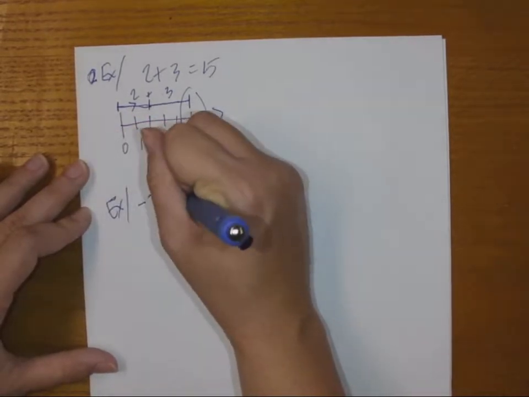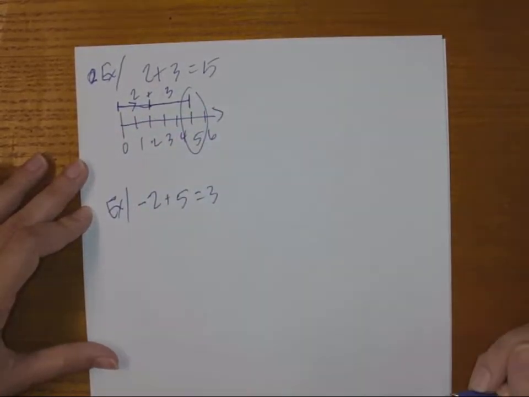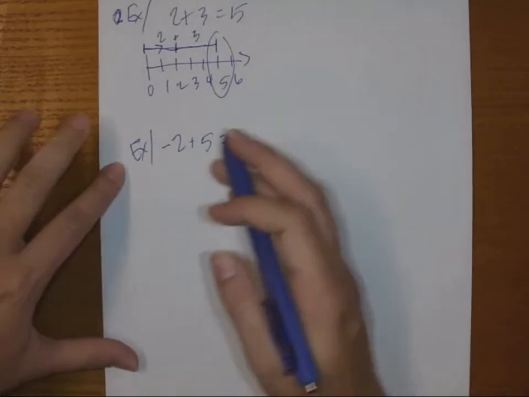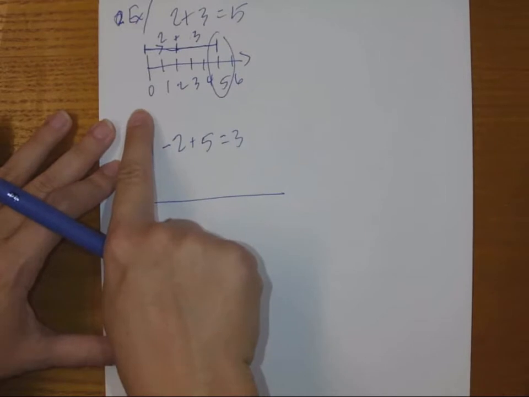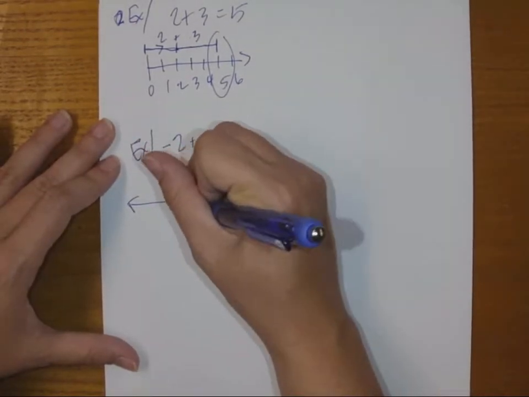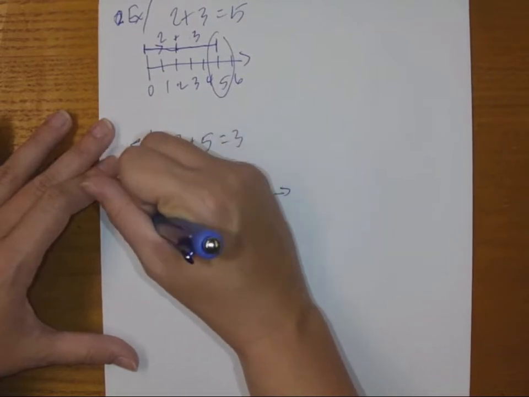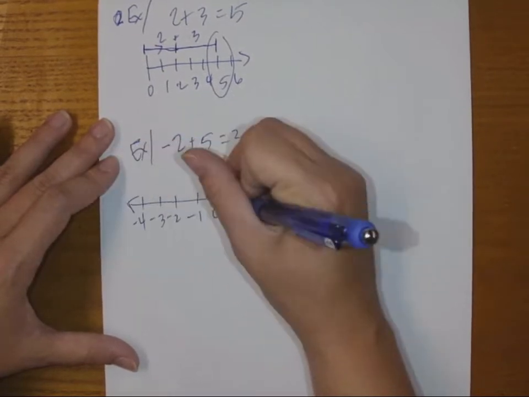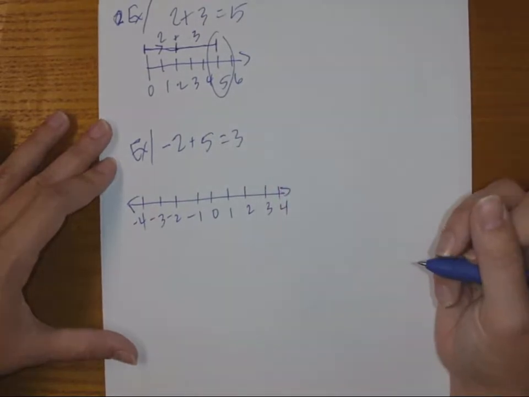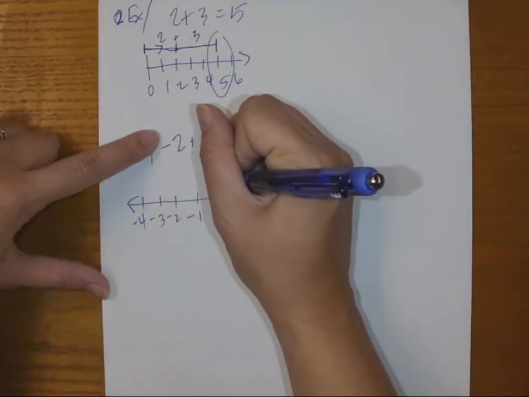Negative 2 plus 5 equals 3. To do that problem, negative 2 on the number line. So my number line doesn't need to stop at 0, right? I'm going to keep on going both ways here. So let's put negative 1, negative 2, negative 3, negative 4, 1, 2, 3, 4. Okay, so starting at 0, go negative 2.